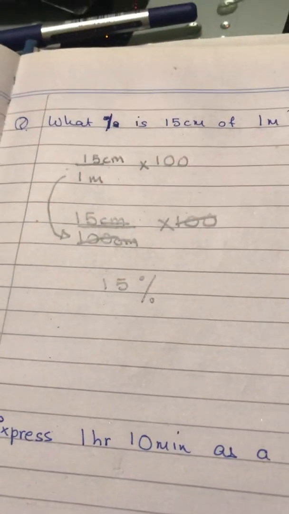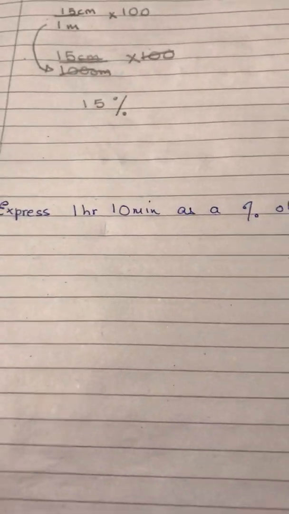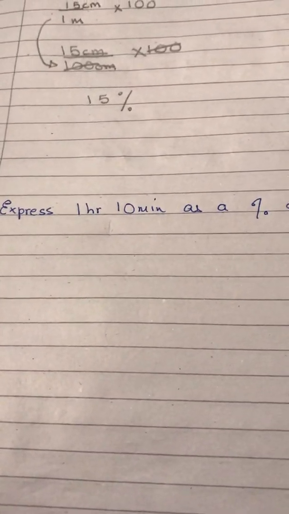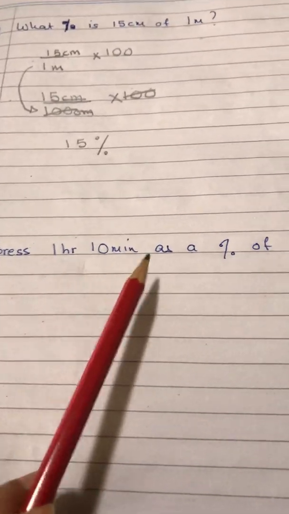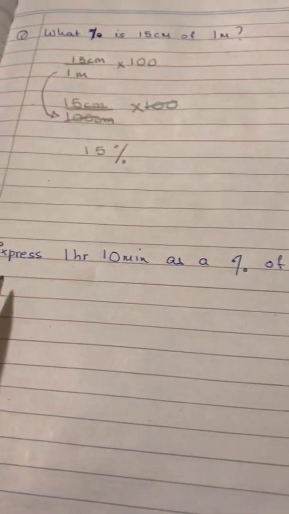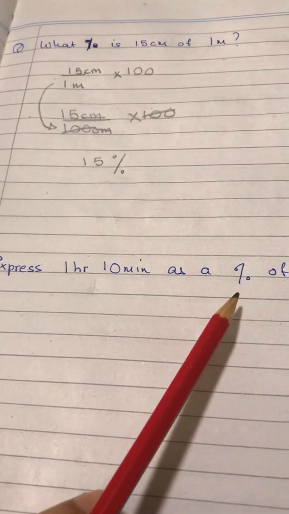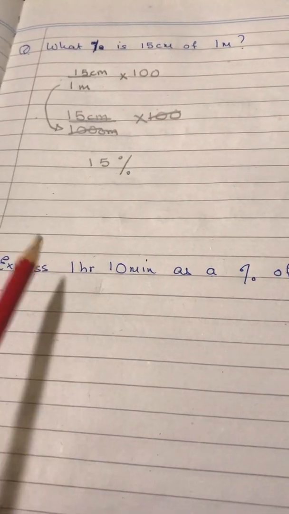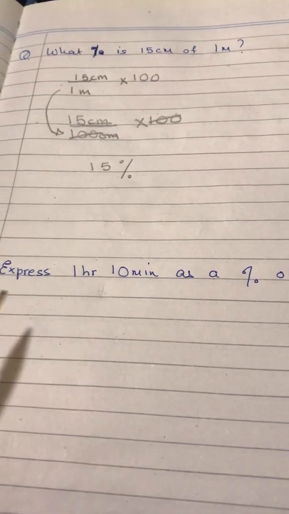Simple as that, right? Now, this is a different kind of question, but it means the same thing. Express 1 hour 10 minutes as a percent of 1 hour 40 minutes. Again, express as a percentage. Find the percentage. What is the percentage? It all means the same thing. It's always a smaller part over the total multiplied by 100.